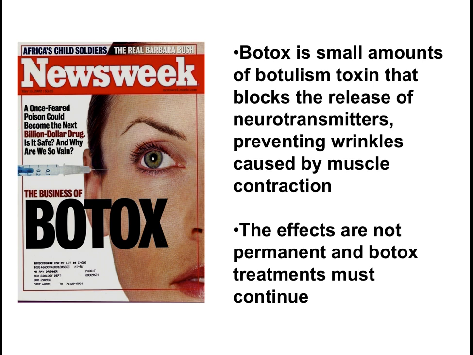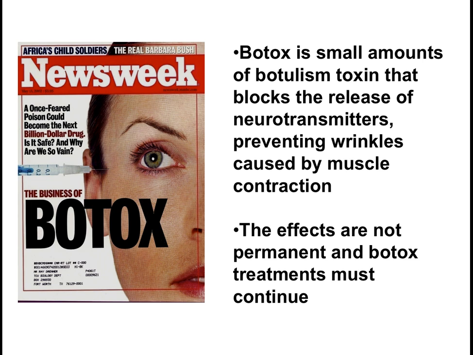Now, we've learned how to harness the power of this in small doses. Botulism toxin can be injected into targeted areas, usually around the fine little muscles around the face, causing those muscles to relax. Now, we rebranded it, called it Botox, because no one would pay a lot of money to have botulism toxin injected into them. But Botox, that's something you pay for.